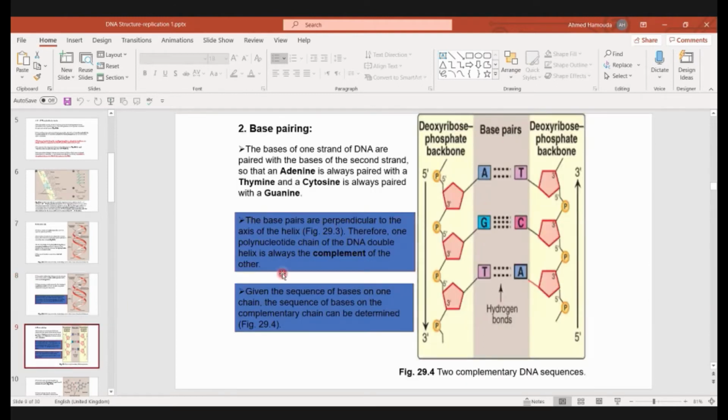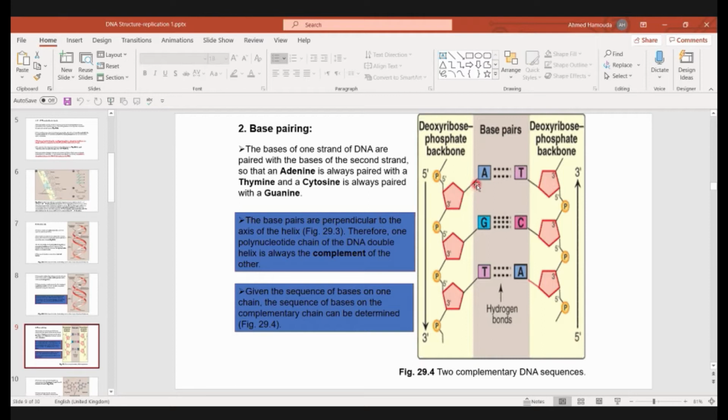Base pairing, as you just mentioned: you have the bases of one strand. This is one strand, the deoxyribose phosphate backbone. And this is the second strand, what we call the anti-parallel. As you can see, 5 prime here, and the other strand is 3 prime, 5 prime.